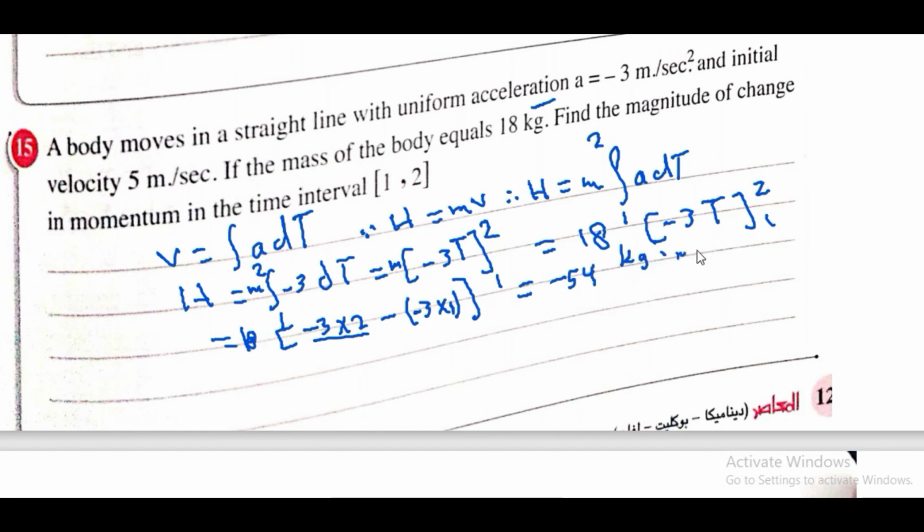So the magnitude of the change in H equals 54 kilogram meter per second.